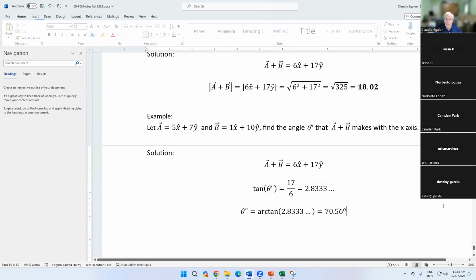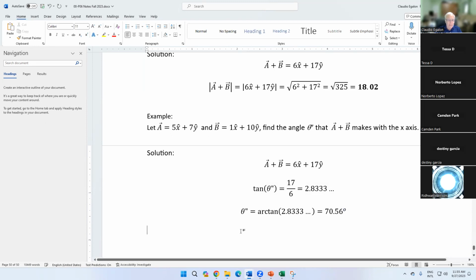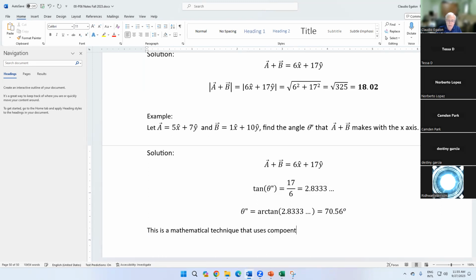Okay. That's a mathematical technique that uses components. So your problem.